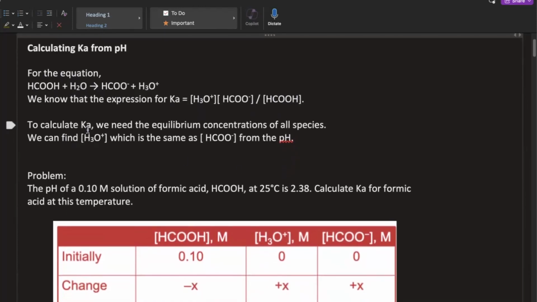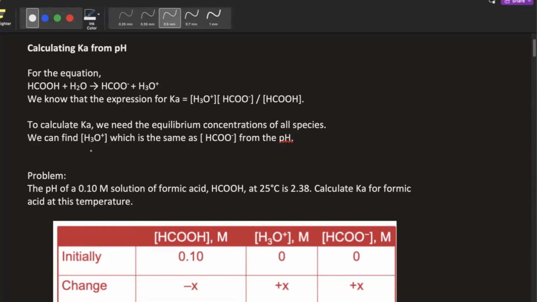To calculate Ka, we need the equilibrium concentration of all species. We need to find the concentration of H3O plus, which is the same as HCOO minus, from the pH. We can tell that this is the case by looking at the equation, because of the stoichiometry.